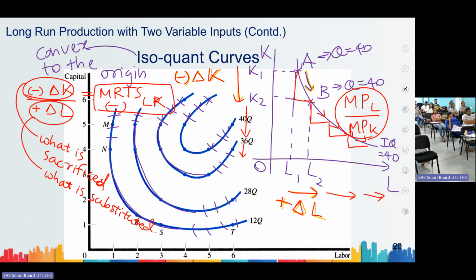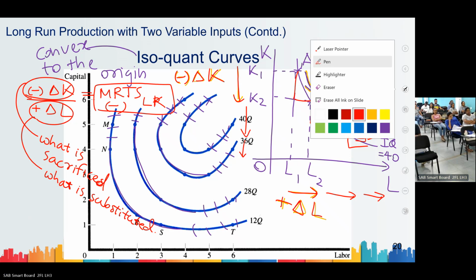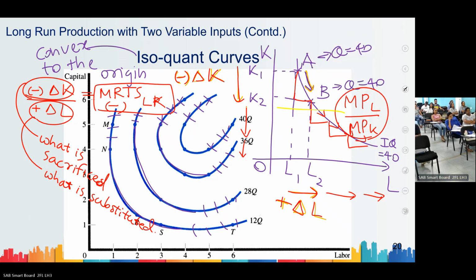The MRTS of L for K can be calculated in this way or in that way: delta K over delta L, or MPL over MPK. Let's see how it happens.